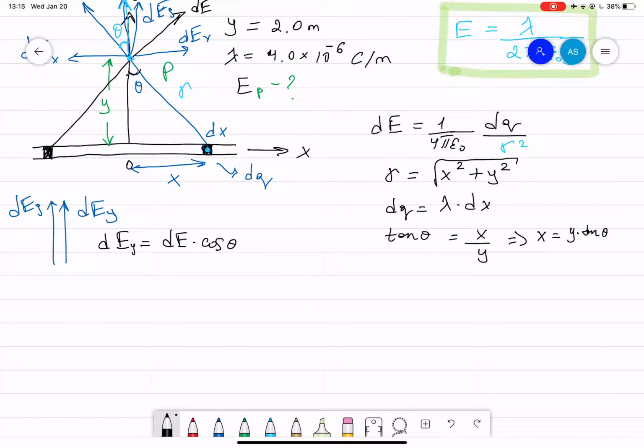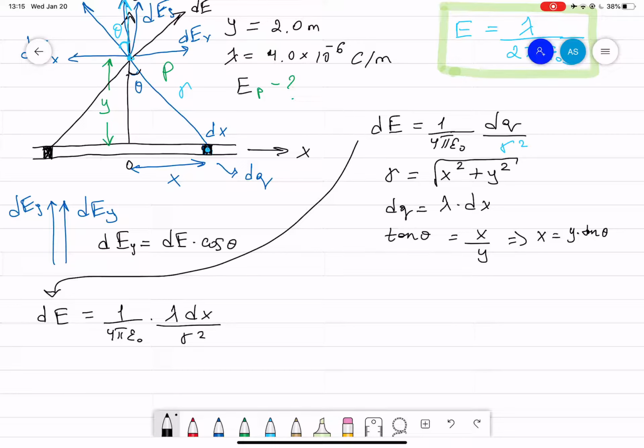Let me just write it down here, dEy. So dE, for now let's keep it as dE, is equal to 1 divided by 4 pi epsilon naught times dq, which was equal to lambda dx, divided by r squared. Now you see here we have a dx, right?